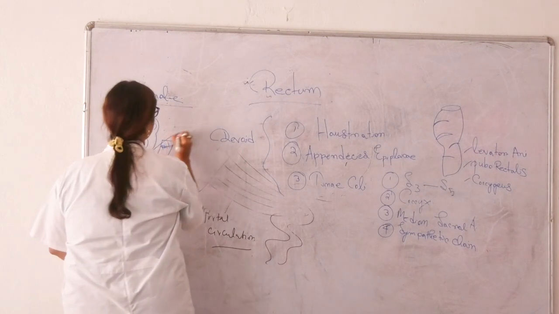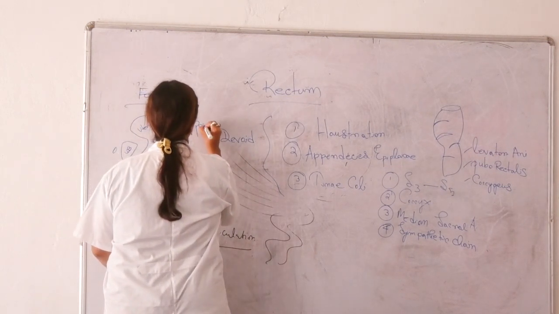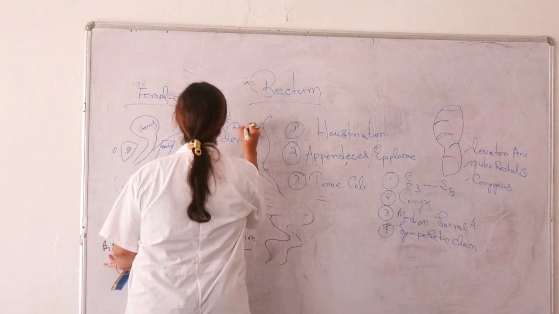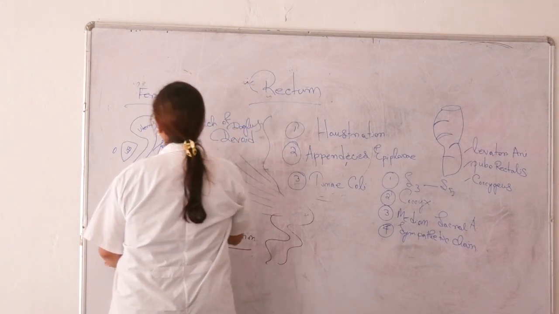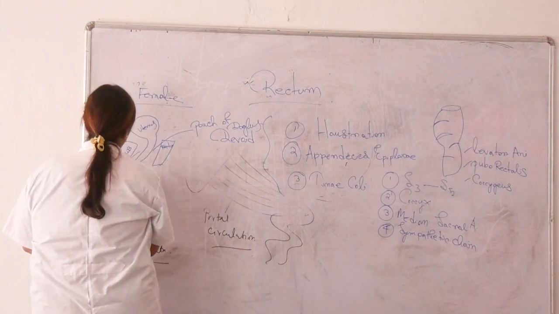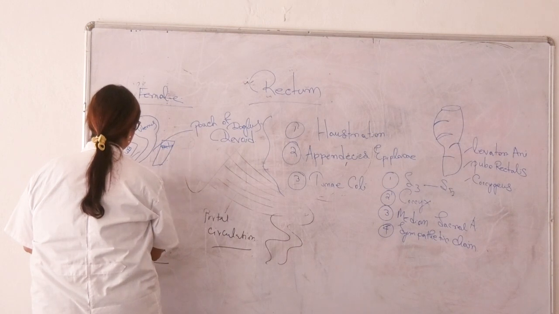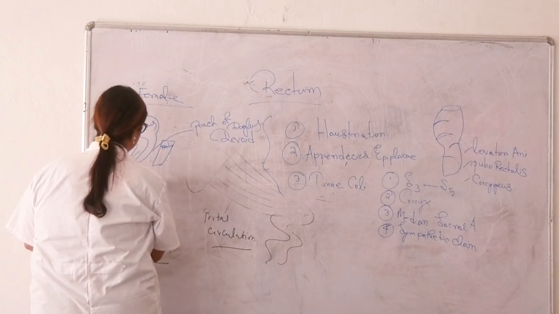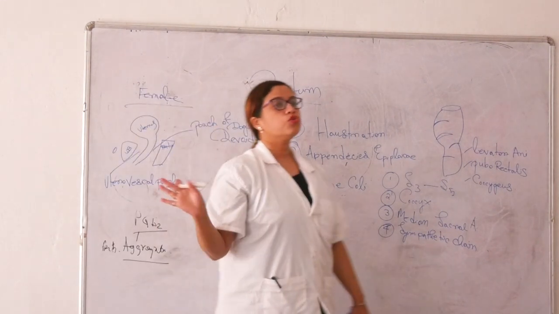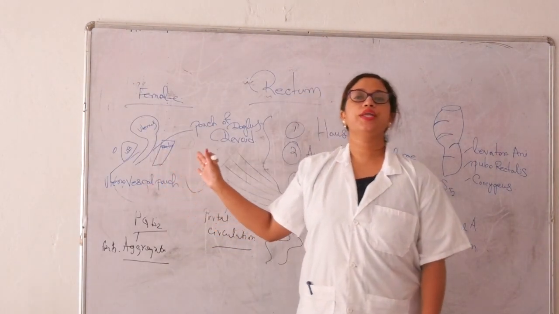This pouch is known as the pouch of Douglas, and this pouch is known as the uterovesical pouch. So this is the peritoneal relation in female.